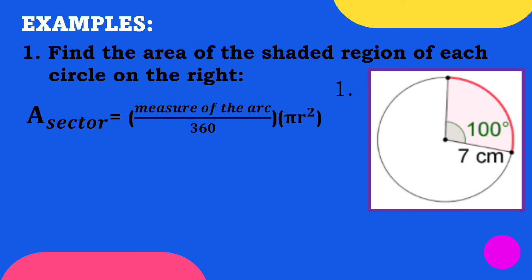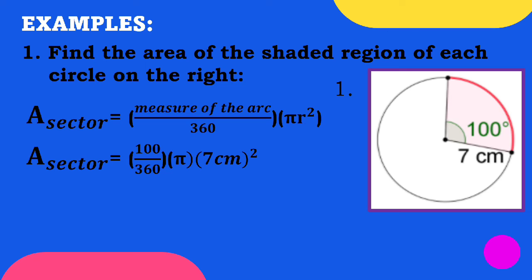By using the area of the sector formula, we have the area of the sector is equal to measure of the arc all over 360 times pi r squared. By substitution, we have area of the sector equals 100 all over 360 times pi times the measure of the radius, which is 7 centimeter square. Pi is equal to 3.14 and 7 centimeter square is equal to 49 centimeter square.